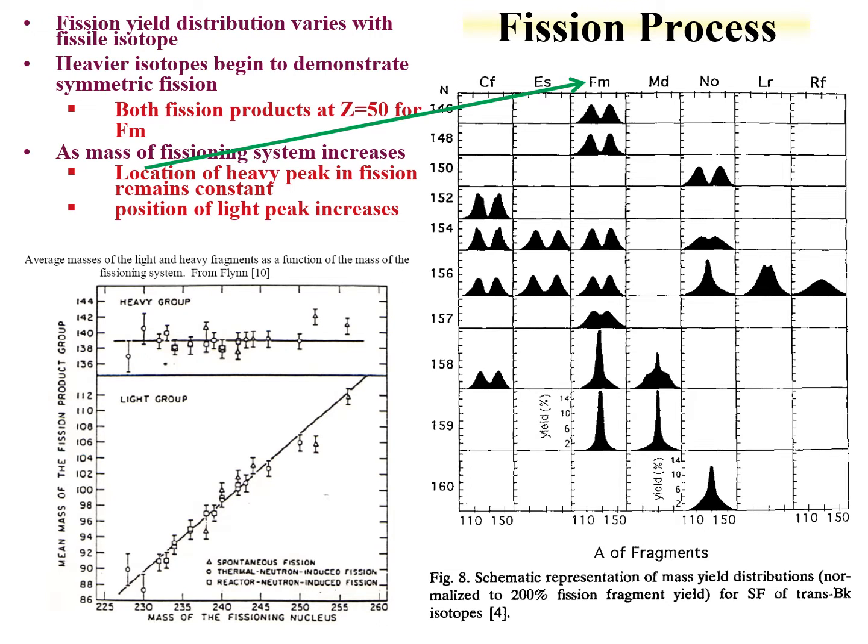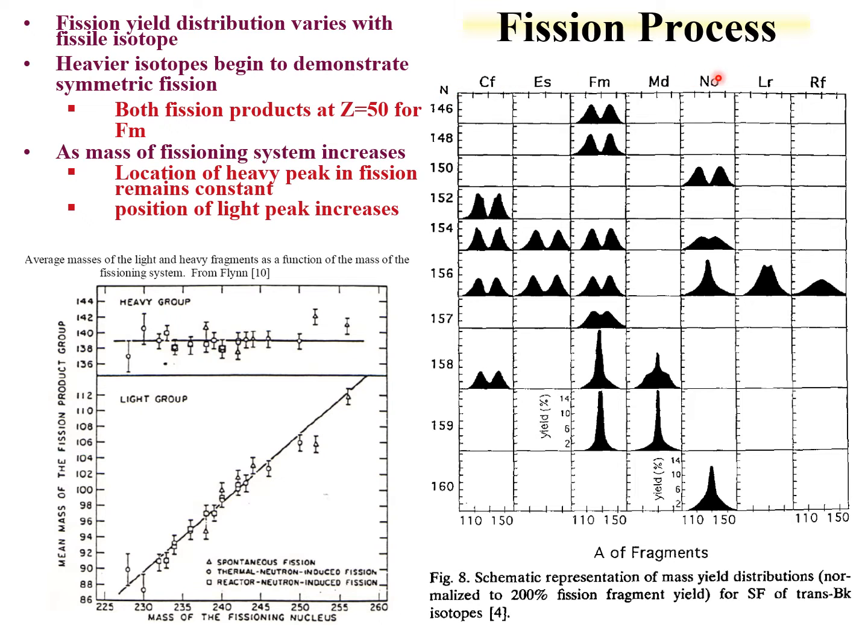So if we look at fermium, as the mass of this fissioning system increases, the location of the heavy fission peak will start to coalesce with the light fission peak. We can see areas on this curve where we're plotting N, the number of neutrons, against the mass of the fission fragments for the different Z plotted here.